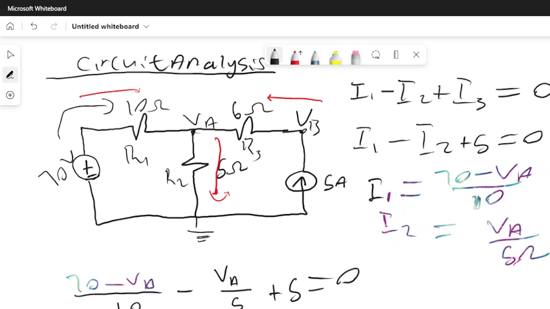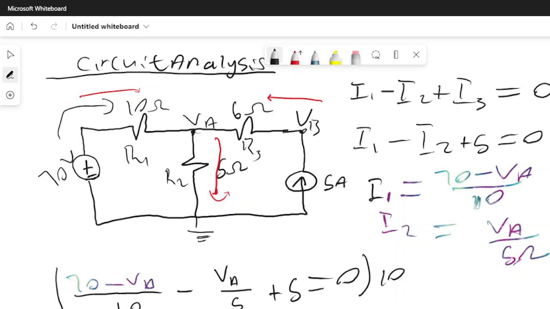Let's get rid of the fraction, so I'm going to multiply the entire thing by 10. Here I'll have 70 minus VA minus 2VA, and 10 times 5 is plus 50, which equals 0.